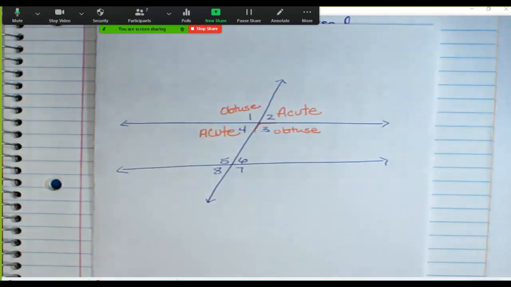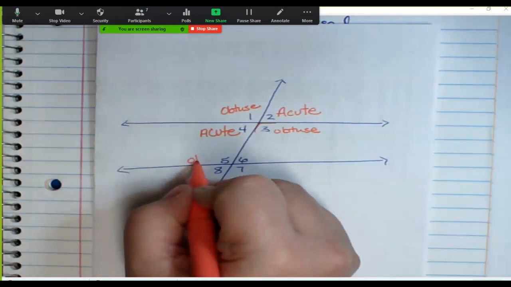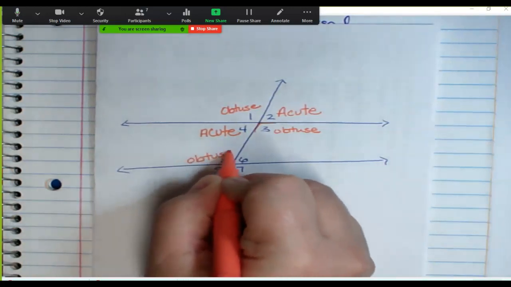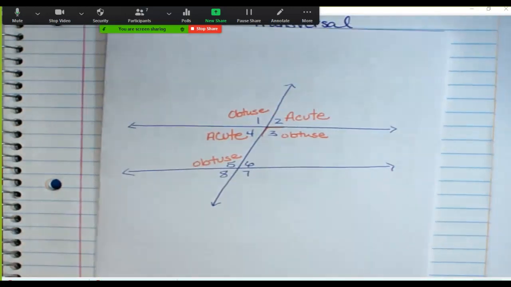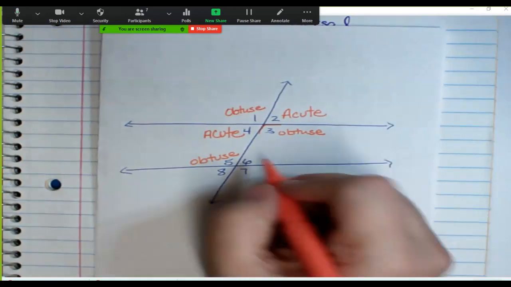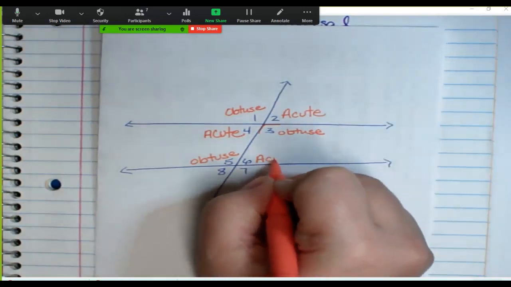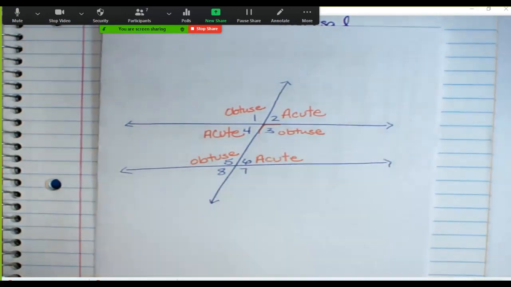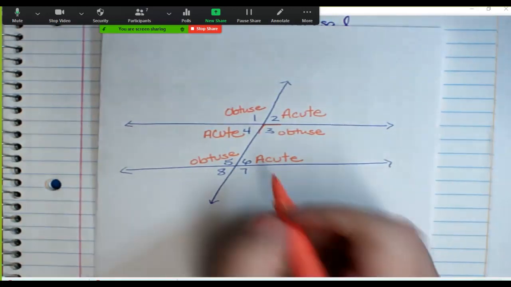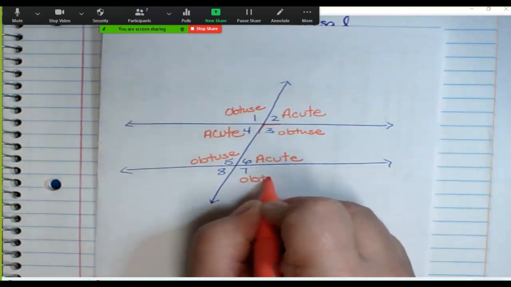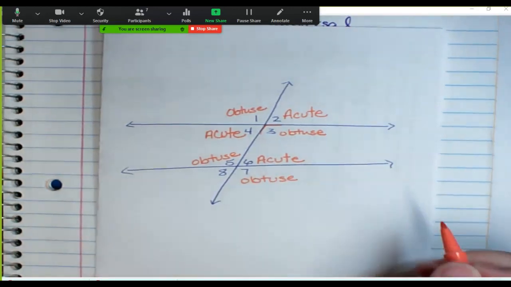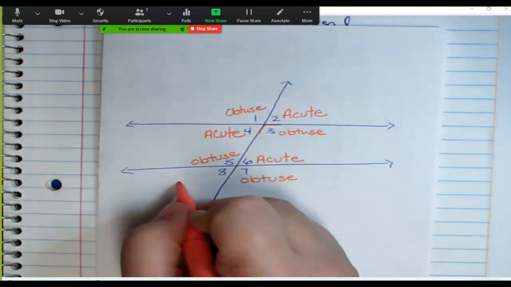Number 5, is that obtuse or acute? Obtuse, label it. What about number 6? Acute. Label it. Number 7, obtuse. And number 8, acute.